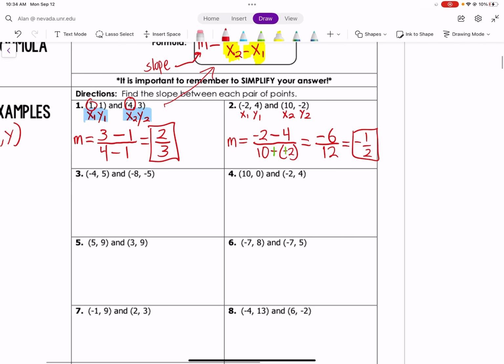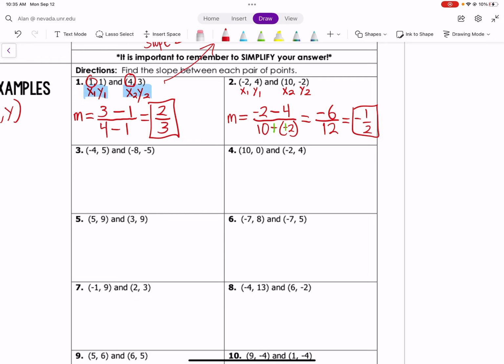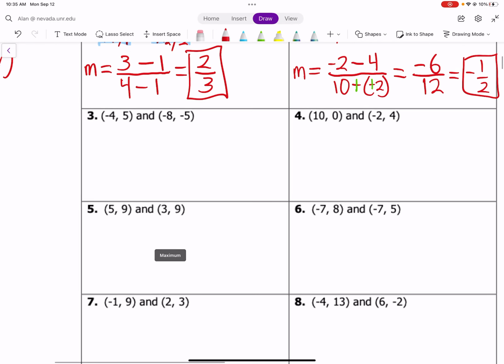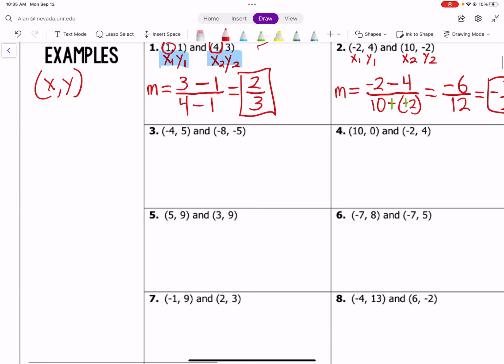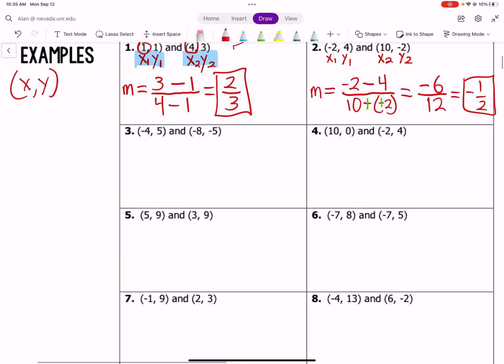We are going to skip 3 and 4, and we are going to jump down to number 5. Same type of idea. First step is to label your x1, y1, and x2, y2. Again, I pick the first point, 5, 9, to be the x1, y1, and the second point, 3, 9, to be your x2, y2.